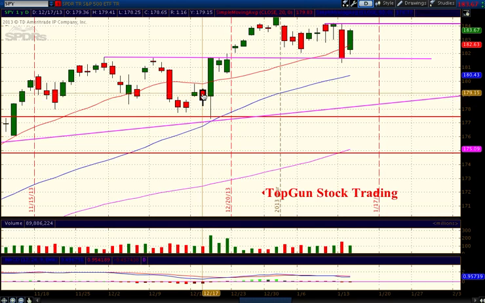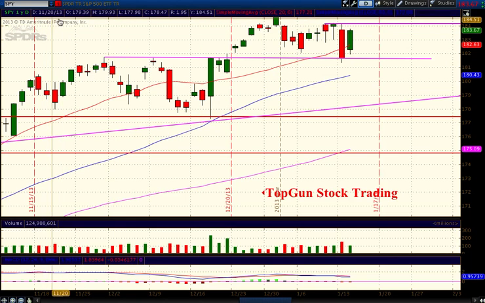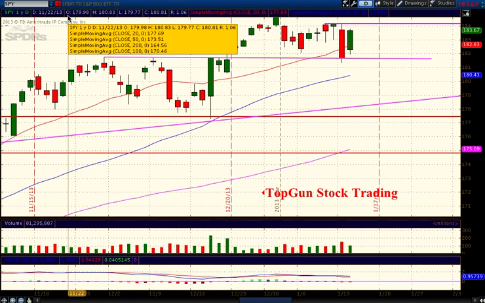So on this day, on 12/17, December 17th, the spiders opened at 179.36 and they closed at 178.65. If you look right underneath here, as I move my arrow there, the numbers change.